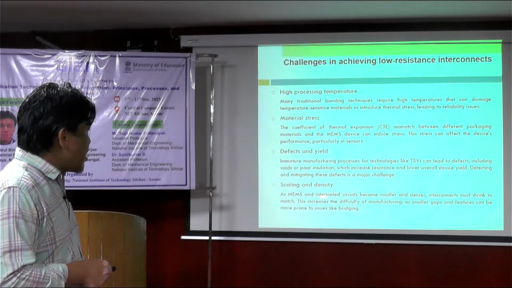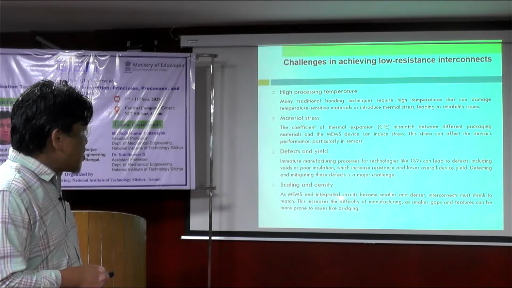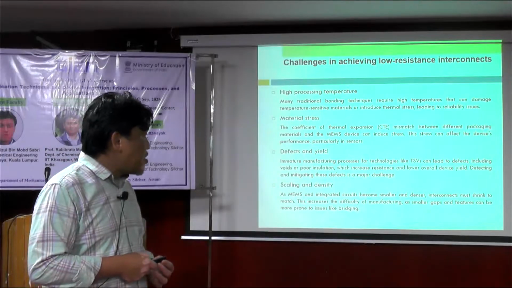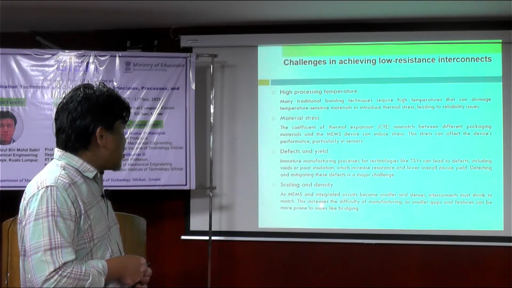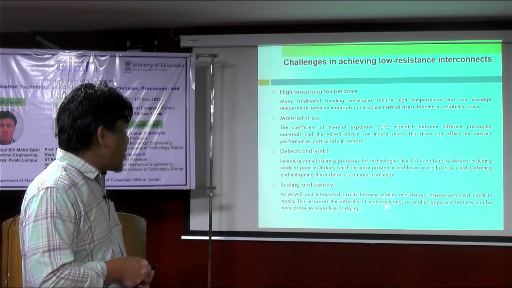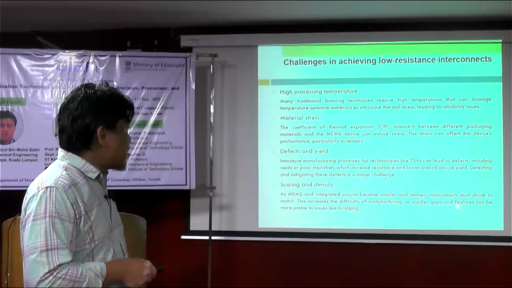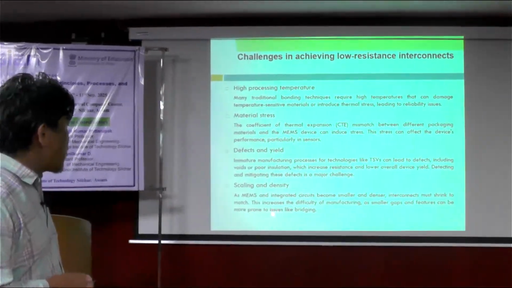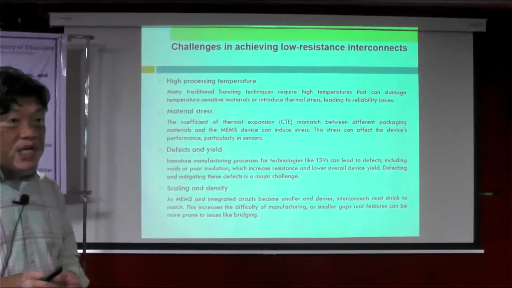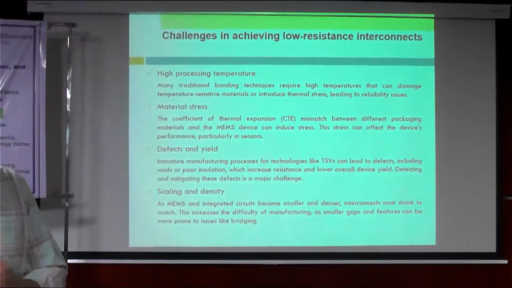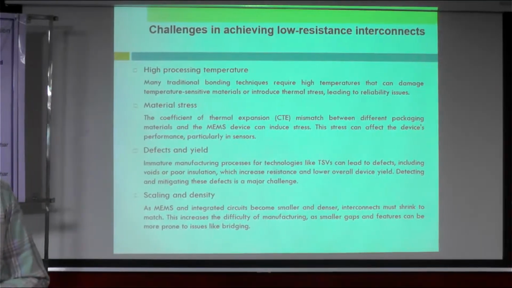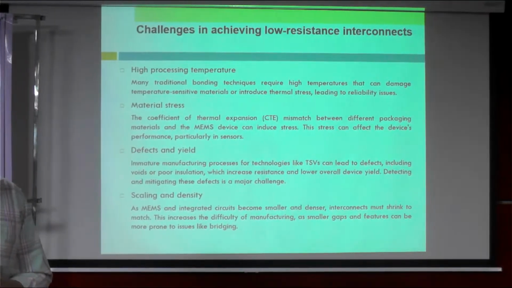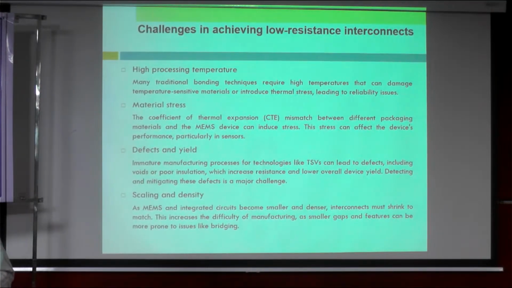And scaling and density: as MEMS and integrated circuits become smaller and denser, interconnects must shrink to match. This increases the difficulty of manufacturing as smaller gaps and features can be more prone to issues like bridging. Bridging meaning later on you have a short in terms of electrical circuitry, or later on when in operation some bridging happens due to electromigration of the materials.